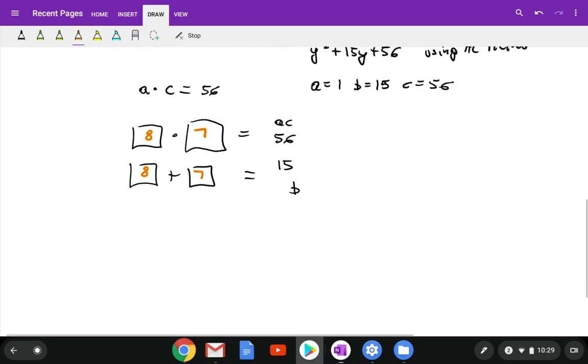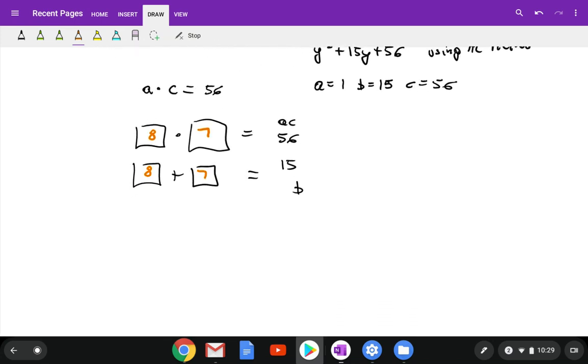Now that we have those two integers, next we create the factors. So y plus the first integer, which was 8, times y plus the second integer, which was 7.